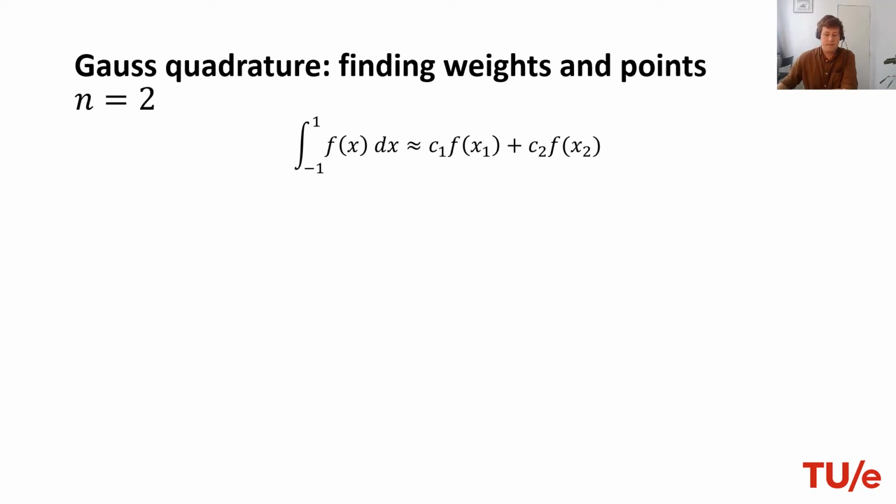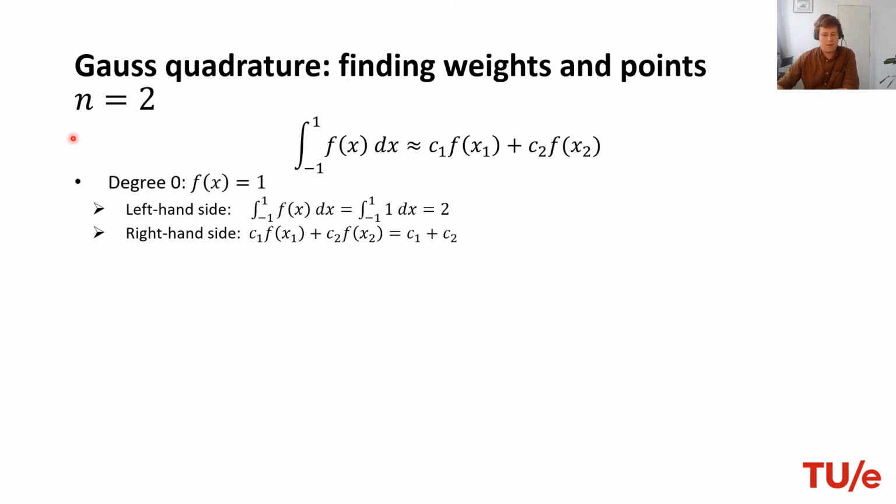So in the previous slide, we discussed finding the weights for n is equal to 1. Now let's take a look at what happens when we start adding more points. And you will see that, although the strategy is completely the same, starting to add more and more points makes finding the weights and the Gauss points a lot more complicated though.